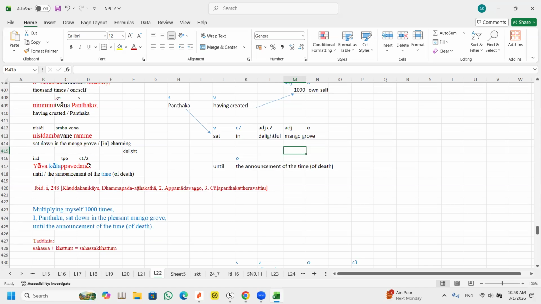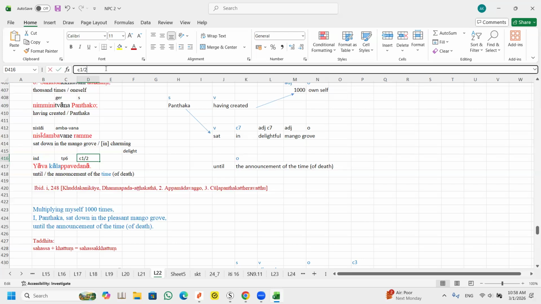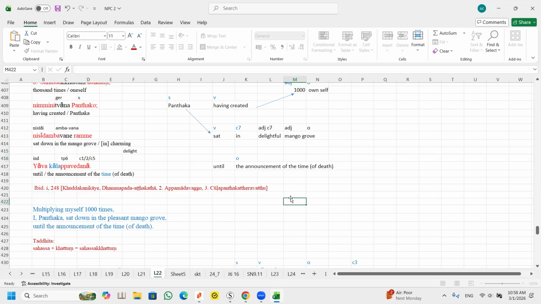This is with a long A. Normally a long A, we can say it is also ablative. All right. It also can be ablative because this can be a plural.